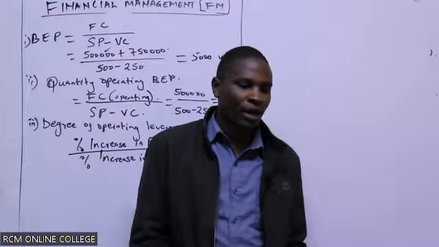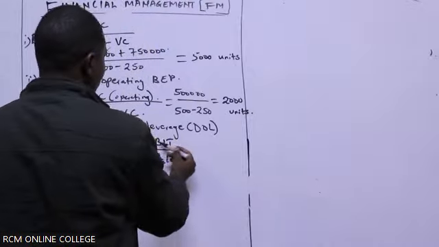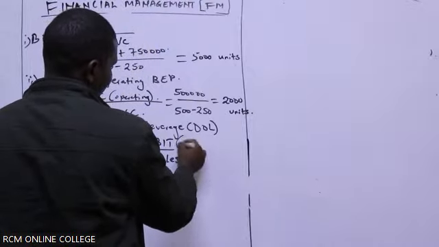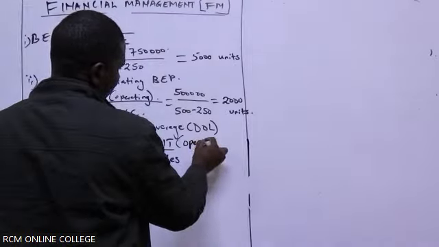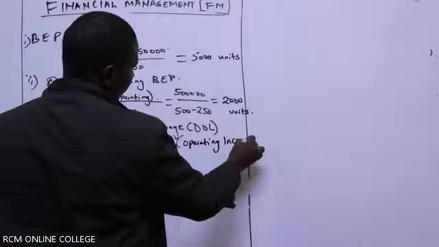You see, I want to elaborate. Earning before interest and tax is what we call operating income. Are we together?